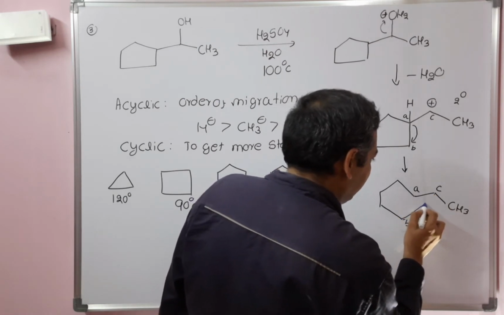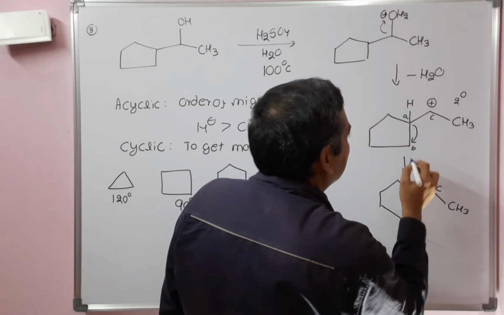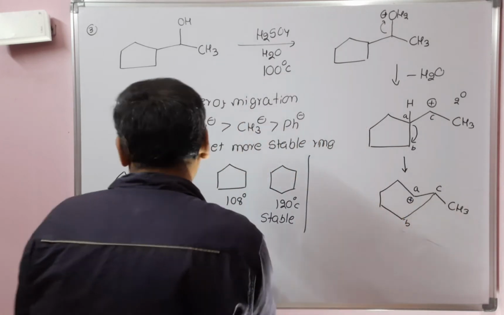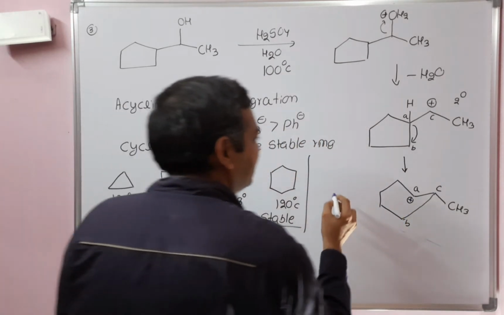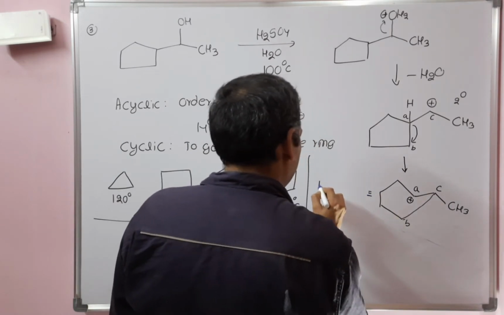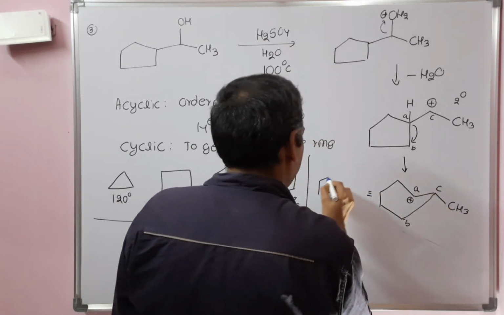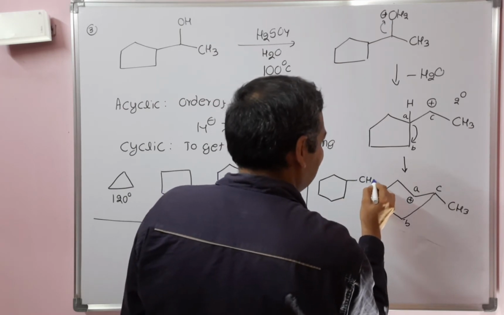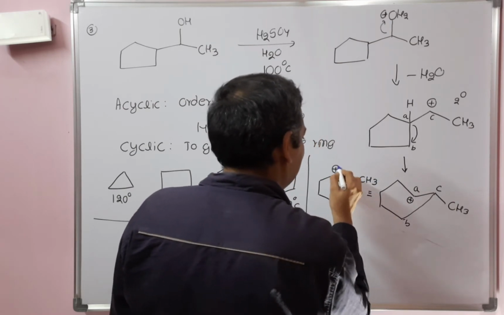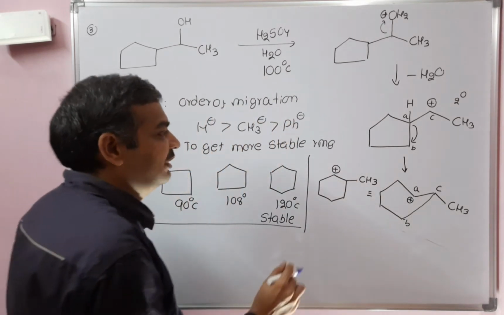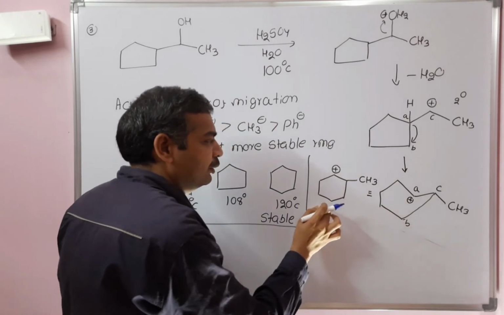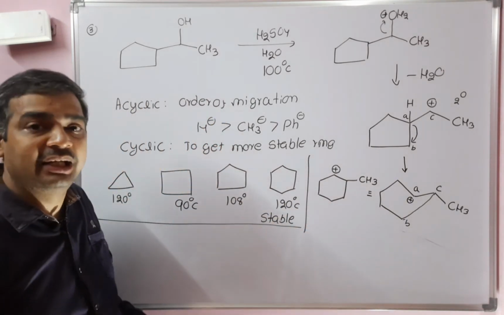So the shift is taking place from here to here, and so this is a positive charge. So we can write this as cyclohexane with CH3. Where is the positive charge? Positive charge is here. Now see what is happening: from the less stable cyclopentane we have converted to the more stable cyclohexane ring.